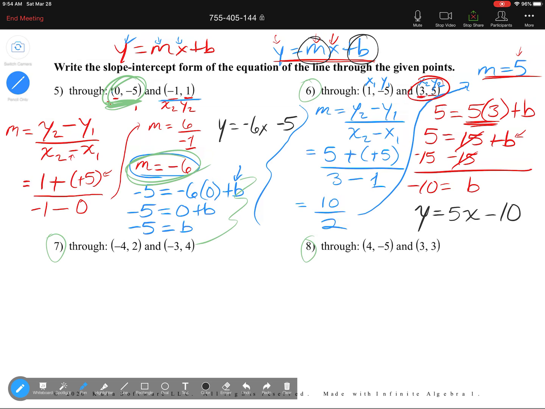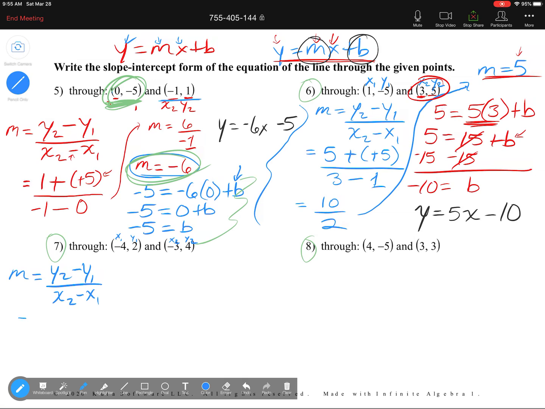Next up, question number 7. We are, again, given 2 coordinates. And we're going to go ahead and just label this one x1, y1, and this one x2, y2, and use our slope formula. So m is equal to y2 minus y1 all over x2 minus x1.